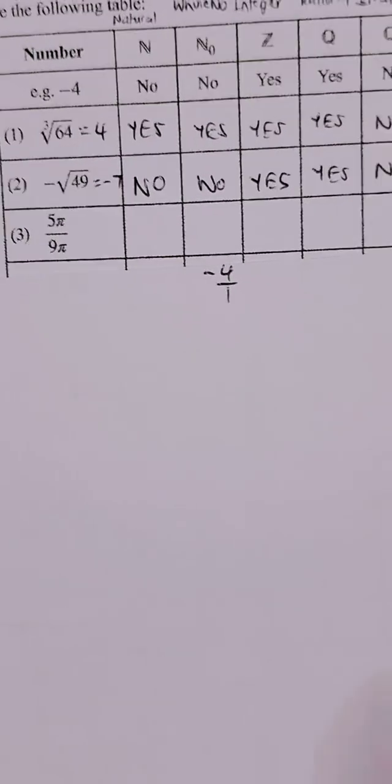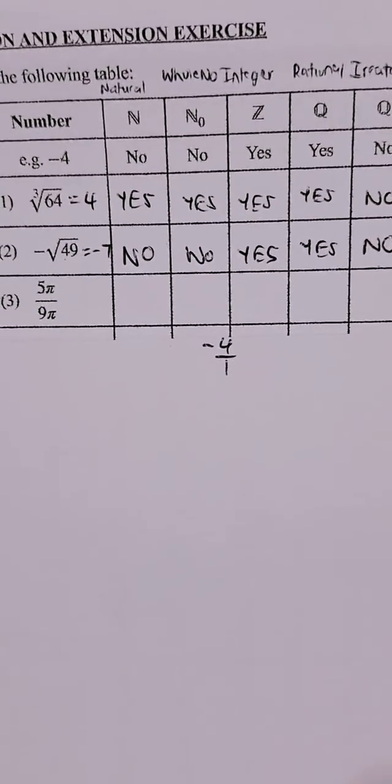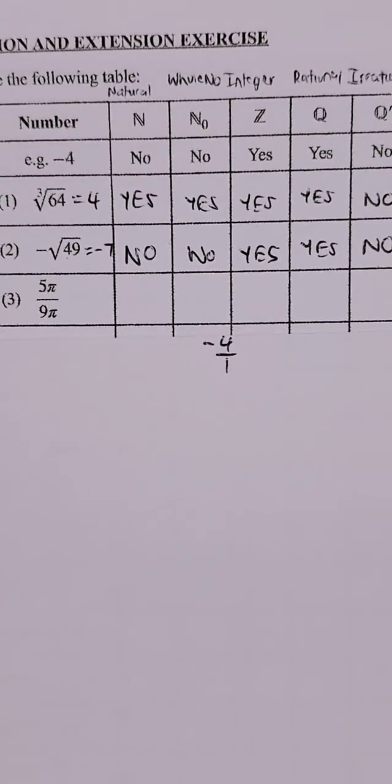All right. Now, guys, 5 pi over 9 pi. Is that a natural number? Okay. When all is lost, guys, your calculator can also help you if you're feeling pretty stuck. 5 pi over 9 pi is my question to you.